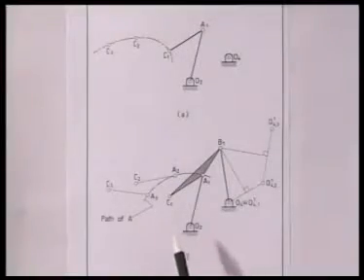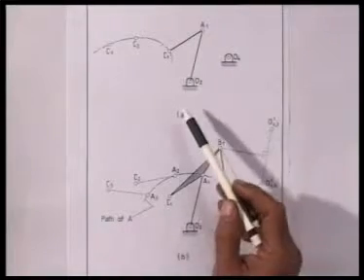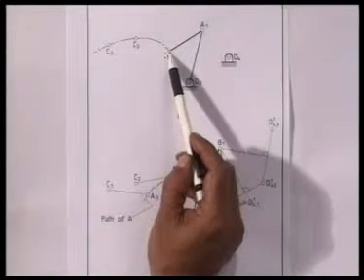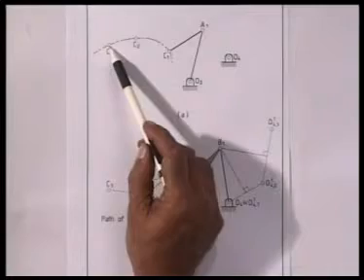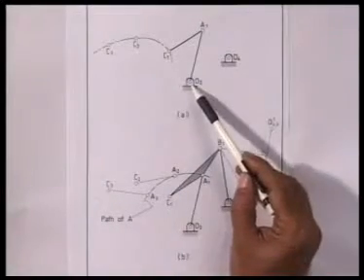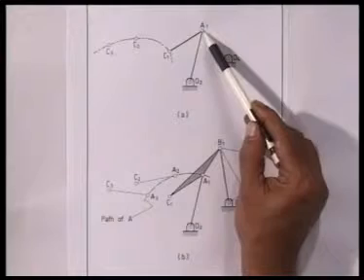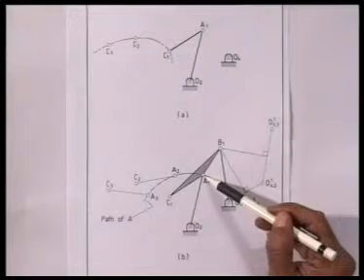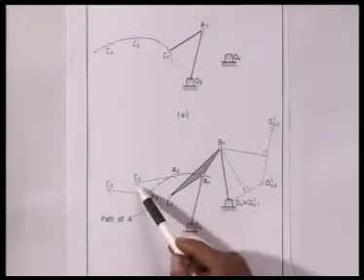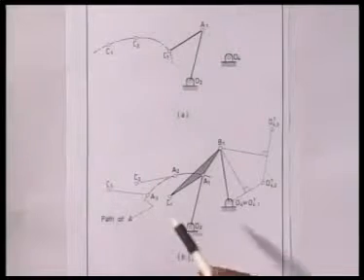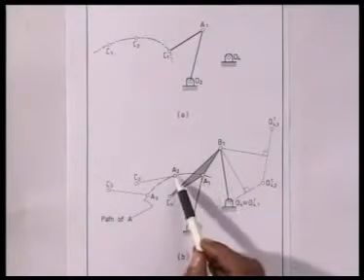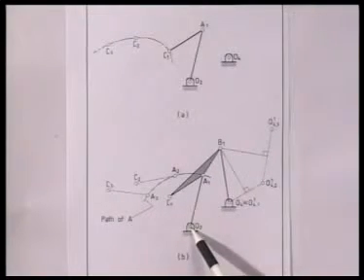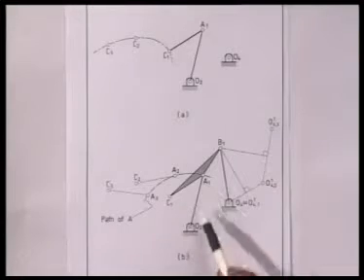Let me now recapitulate the path generation problem for three position synthesis. What we did, that the coupler point C has to pass through three locations, namely C1, C2, C3. To solve this problem, we chose O2 and O4 and A1 arbitrarily. So with this choice, O2, O4, A1 arbitrarily, and C1, C2, C3 given to us, I can locate A2 and A3 on the path of A, which is the circle with radius O2A1 and center at O2.